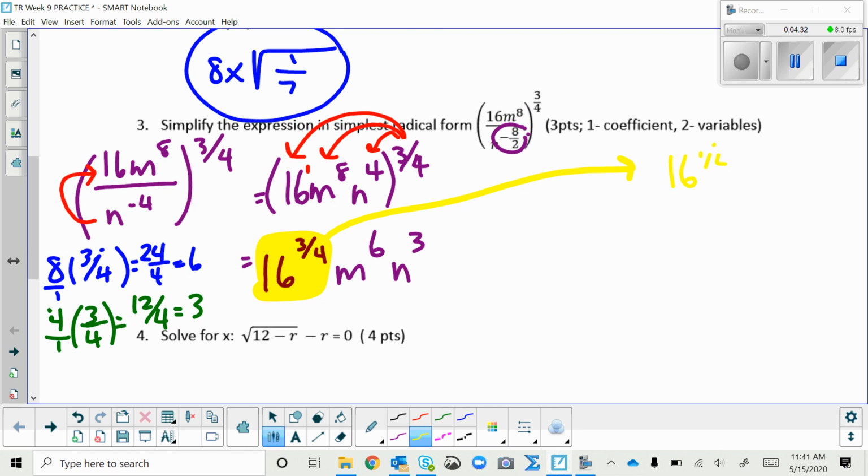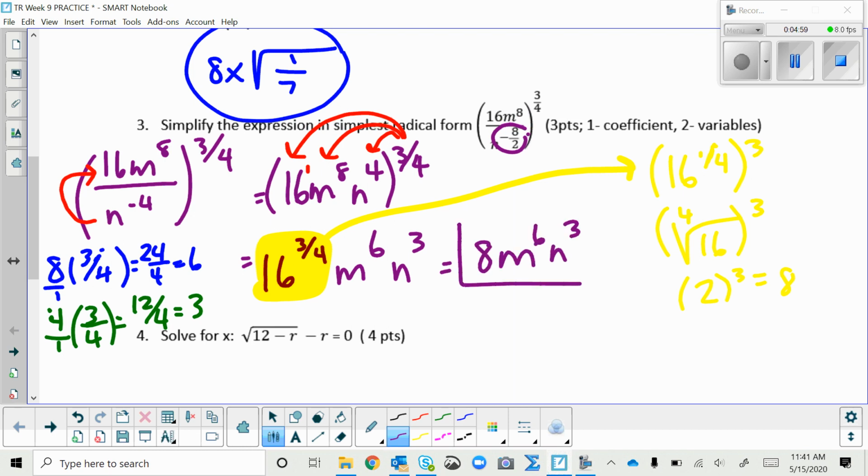Root first, which is 16 to the 1/4, and then the power second. 16 to the 1/4 means the 4th root of 16. What times itself 4 times would give you 16? And that's 2. And then 2 cubed is 8. So our final answer is 8 m to the 6th n cubed.